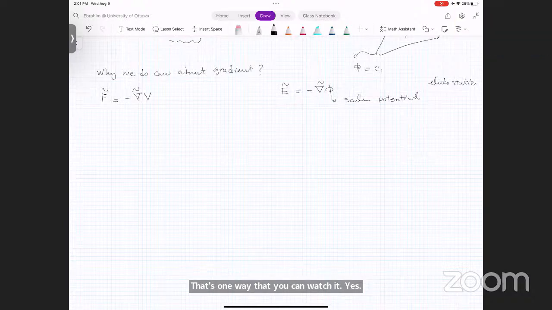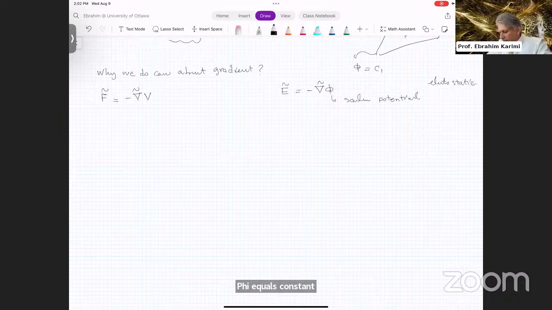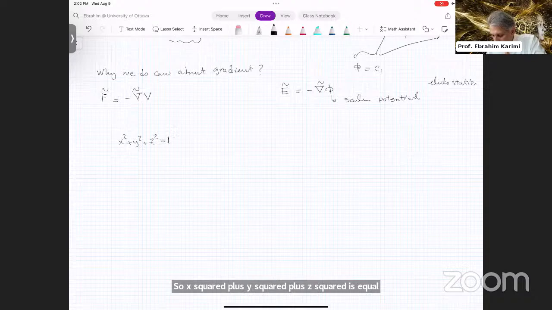One has asked, usually we assign equations to the surface, but what is the meaning of the surface phi equals constant? Well, for example, let's say x squared plus y squared plus z squared is equal to 1. This is a function, I call it f of x, y, and z, which is x squared plus y squared plus z squared. That can be any function.